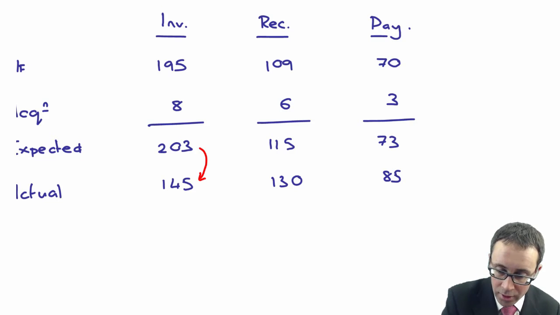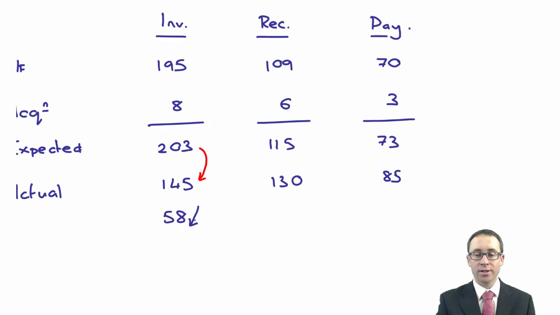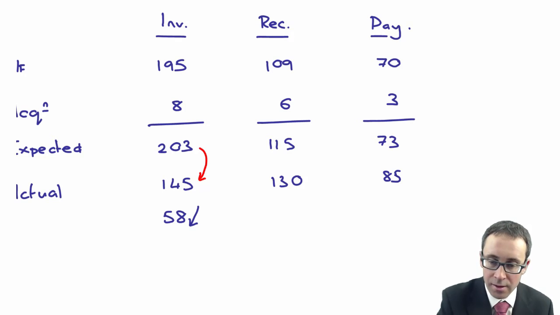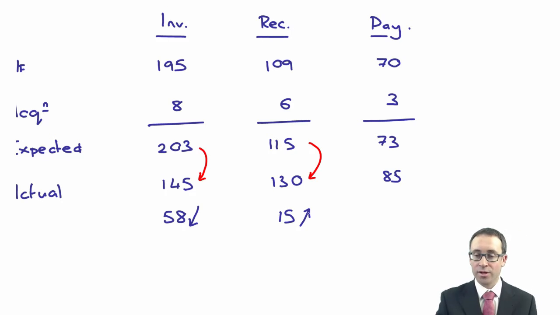So the figure that you're looking at there is a 58 decrease in your inventory. Okay. If you look at your receivables, it's actually higher than we expected by 15. So that's an increase of 15.